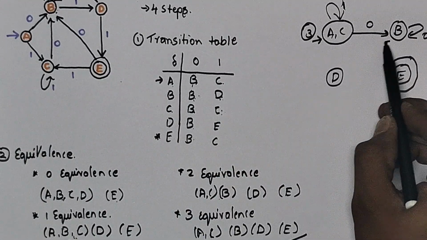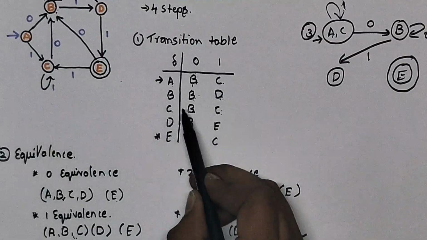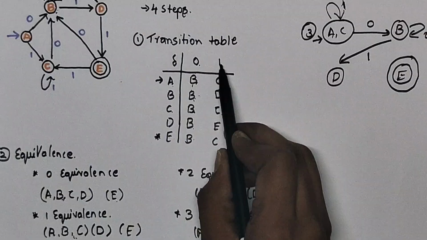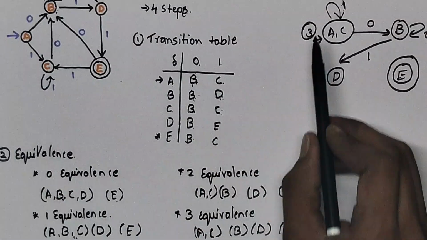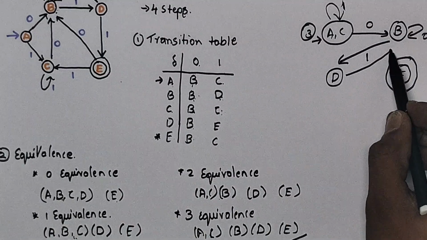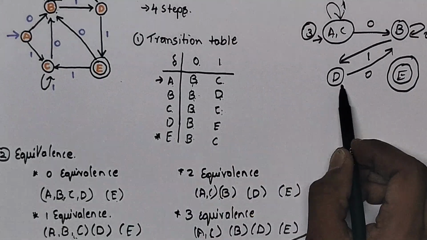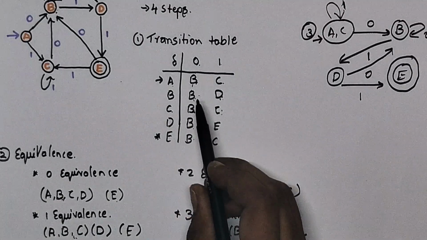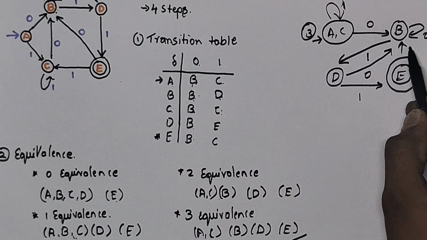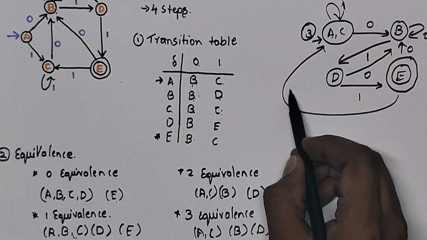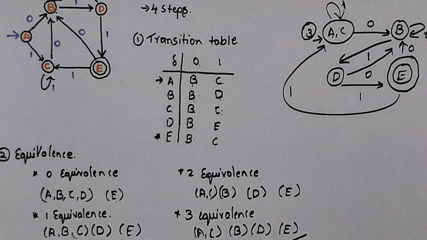For 1 it is moving to D. Now C, for 0 it is moving to B, for 1 it is moving to C, as it was for A. Now D for 0 is moving to B, D for 1 is moving to E. For E, for 0 it is moving to B, and for 1 it is moving to C. Now you have constructed the minimized DFA diagram.